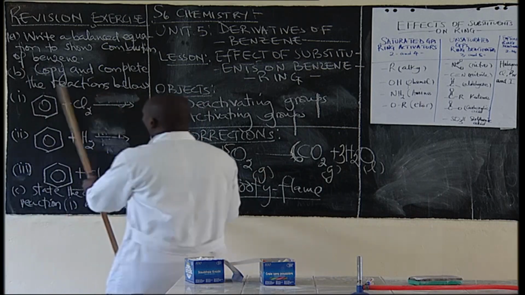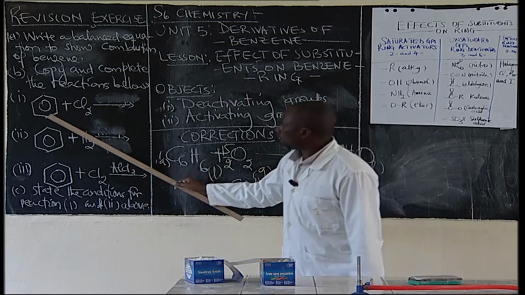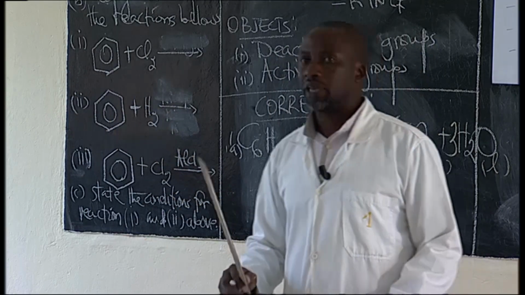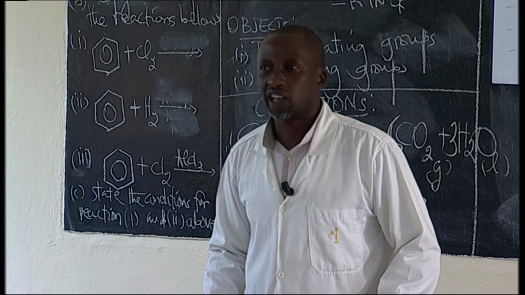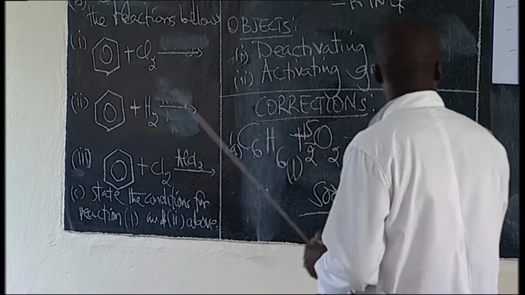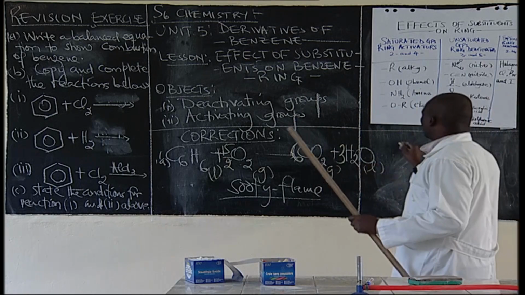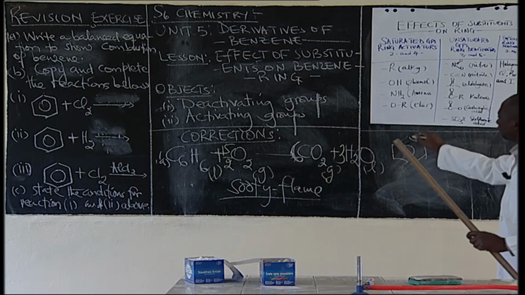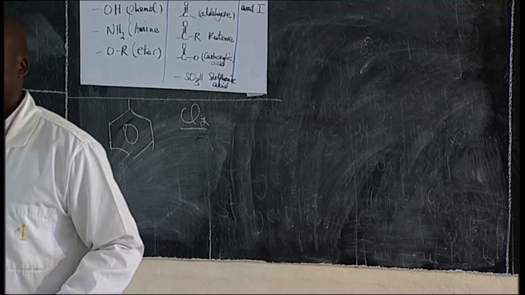Now let's copy and complete the reactions below. Chlorine is reacting with the benzene. Do you remember those reactions that we looked at? Yes, I think so. So we have benzene reacting with chlorine. Does it react at room temperature?